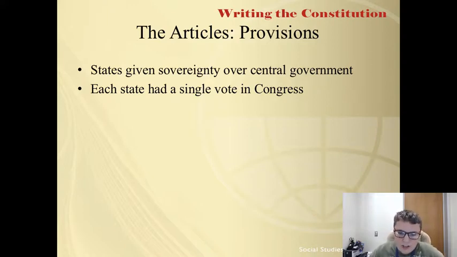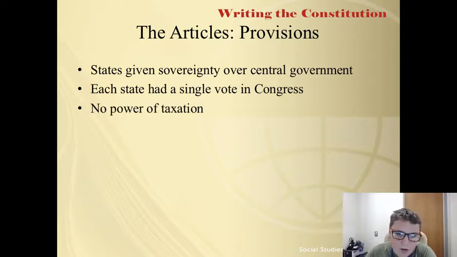In order to assure equal policies between large and small states, Congress delegations had between 2 and 7 members. However, in Congress, each state had one single vote. Congress did not have the power of taxation, but instead had to rely on state legislatures to secure the funds necessary to carry out government policies.